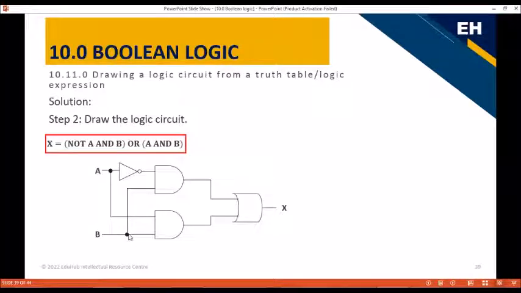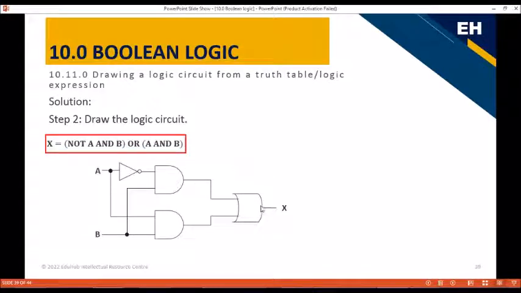It doesn't really matter where your B is coming from, but it's important you do this strategically. B is coming from here, and of course we have OR.